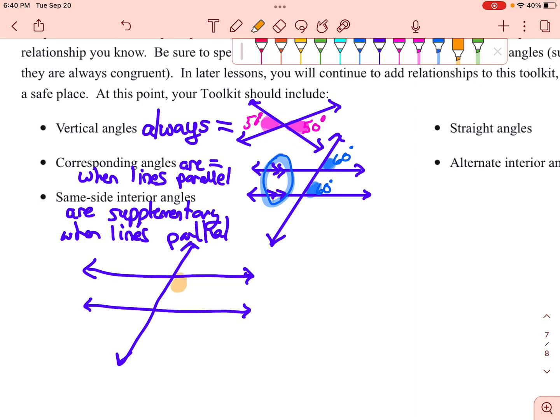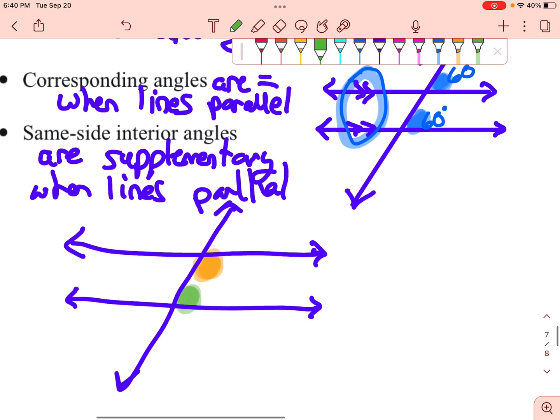Okay, and this orange angle right here, and this green angle right here, they are going to add up to 180 degrees. So for example, if this orange angle is 100 degrees, the green angle has to be 80 degrees. Okay. And again, those are on the same side.